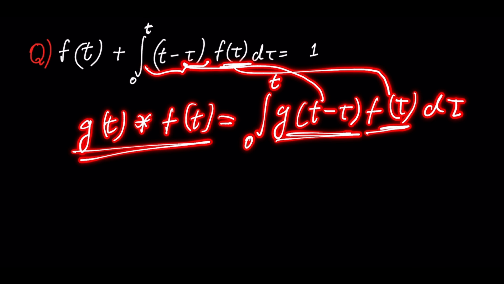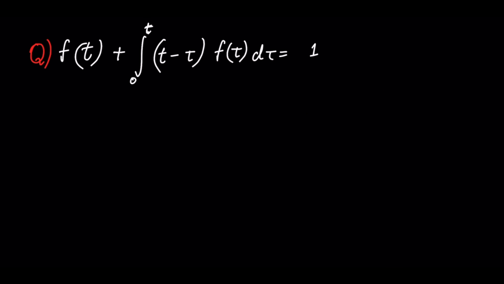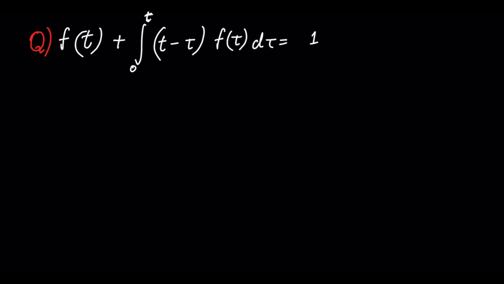So let's write it in this form, g of t asterisk f of t. This means that we'll be writing t asterisk f of t. So let's rewrite this equation.